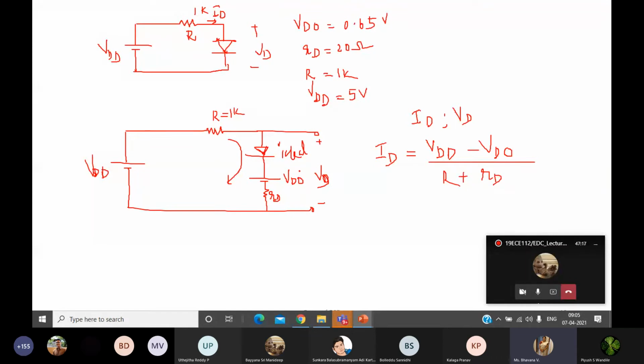See, why is it a series? Because during forward bias condition, this diode will be conducting, it will be short circuited, and these two resistors will be in series. All of you understood?